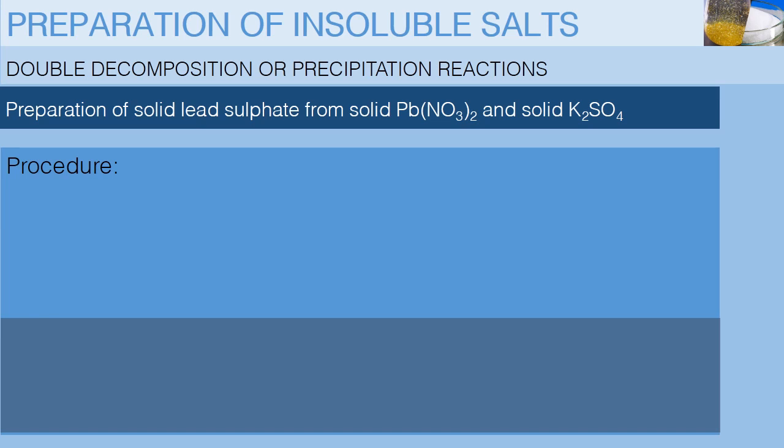Now that you have already learned how to prepare soluble salts, let us go to insoluble salts. Insoluble salts are prepared using double decomposition or precipitation reactions. Now, let me just recap on something that we did while you were still in Form 1. There was a time we learned about the competition for oxygen.